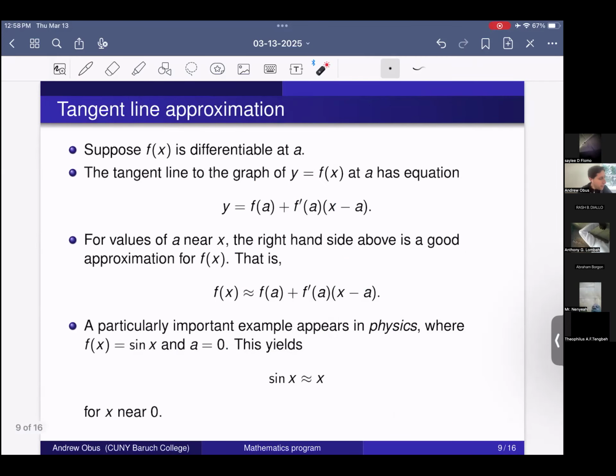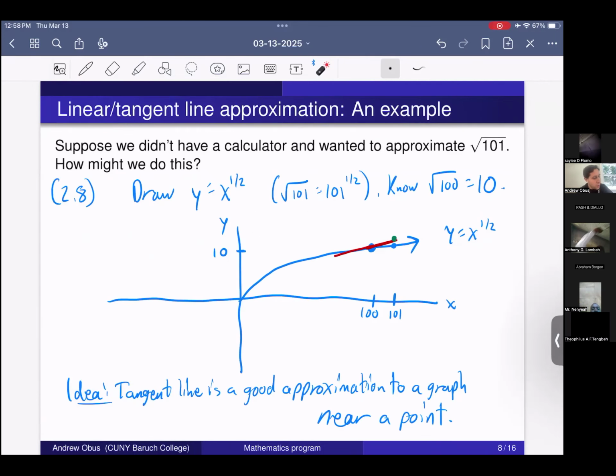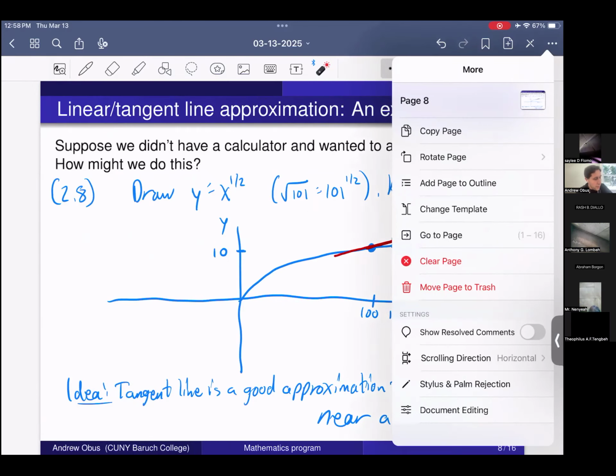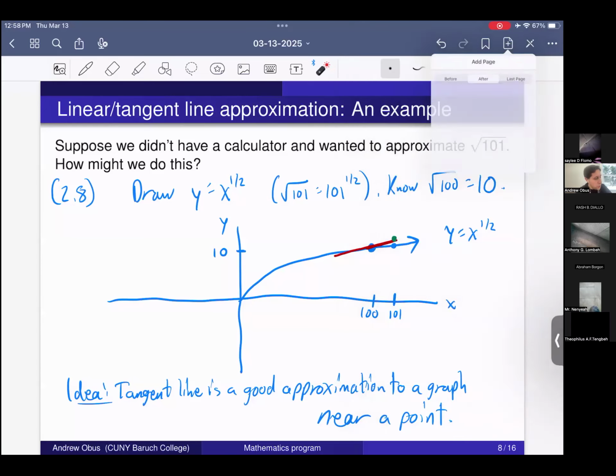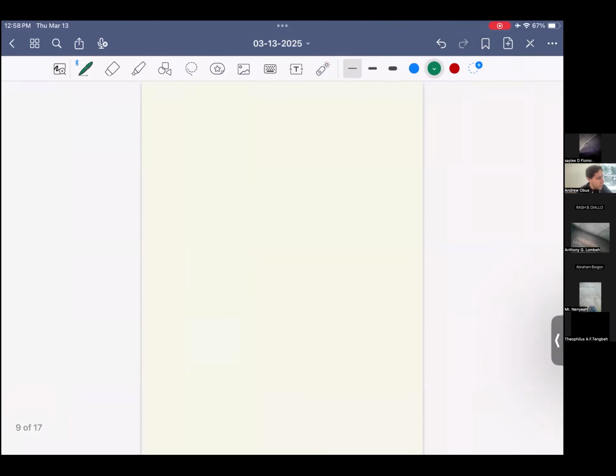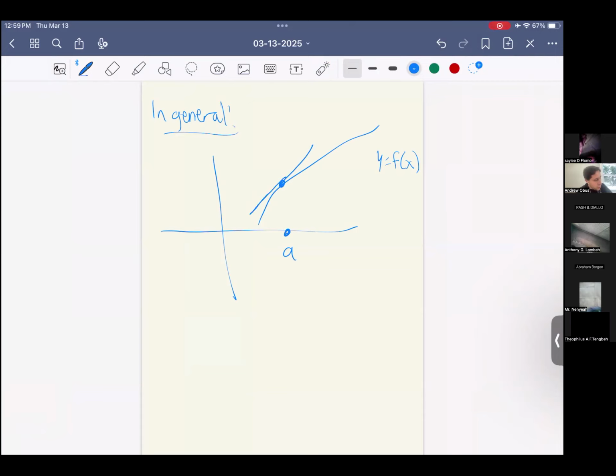Let me redraw this on another page. Let me just talk about this in general. If I just have some graph y equals f of x, and I pick some point A over here, and I draw the tangent line at A, maybe I'll draw it in red.